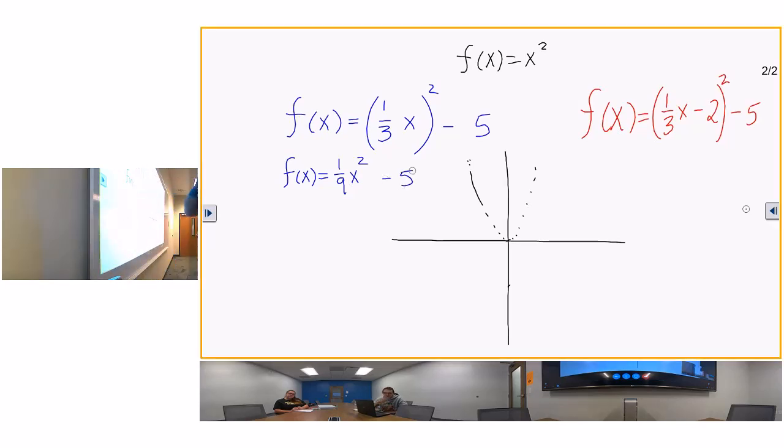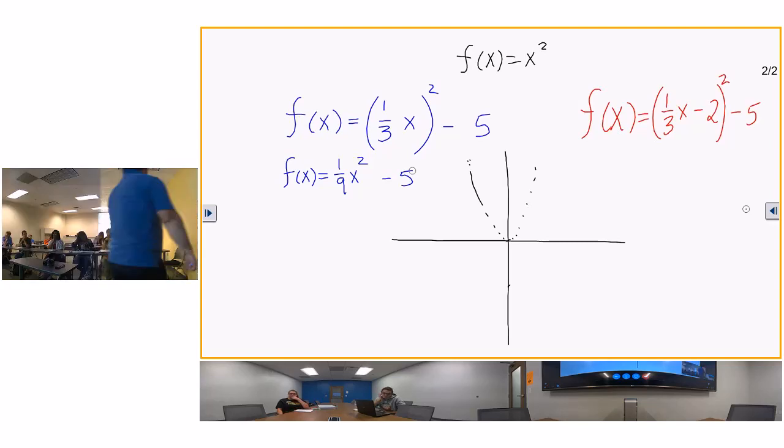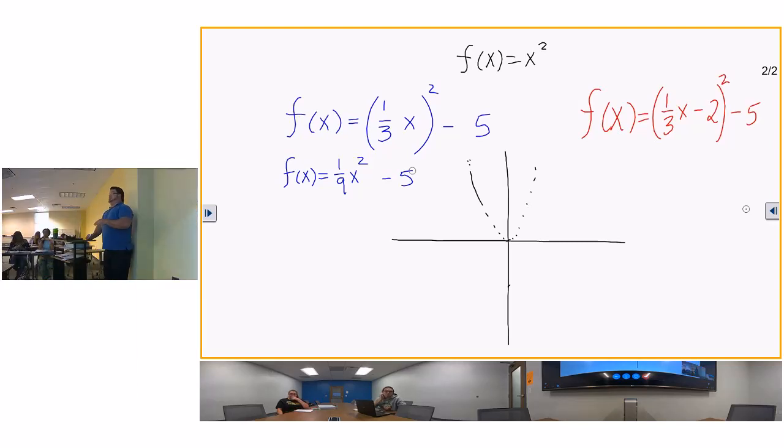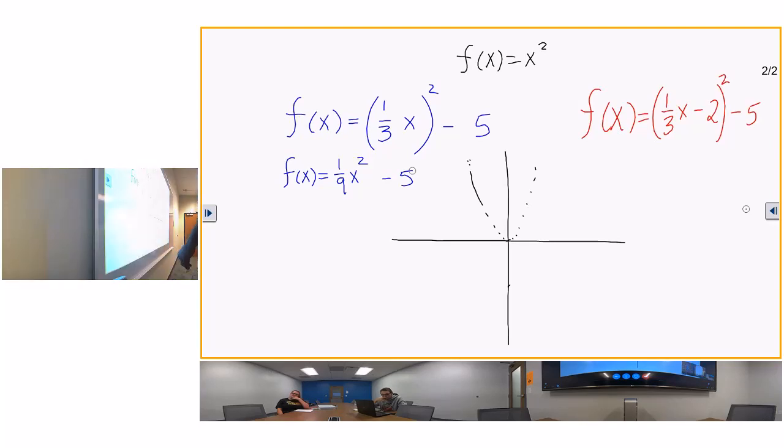Now, I disagree with the homework here, because 2 or 3 semesters ago, they said that it's supposed to be 1/3. And that's not correct. If you have something in the parentheses, squared, you've got to square that 1/3. You've got to. But we're not going to go there. I hope they've either changed it, or you may get it wrong, because it's supposed to be very wide because of that 1/9.